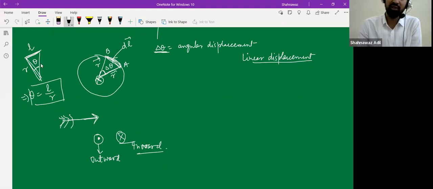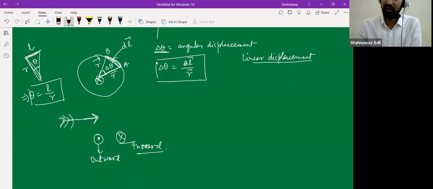So this is how you relate theta with this distance. From here, your delta theta will be delta L by R, R hat. So this is how your angular displacement is related with this linear displacement.